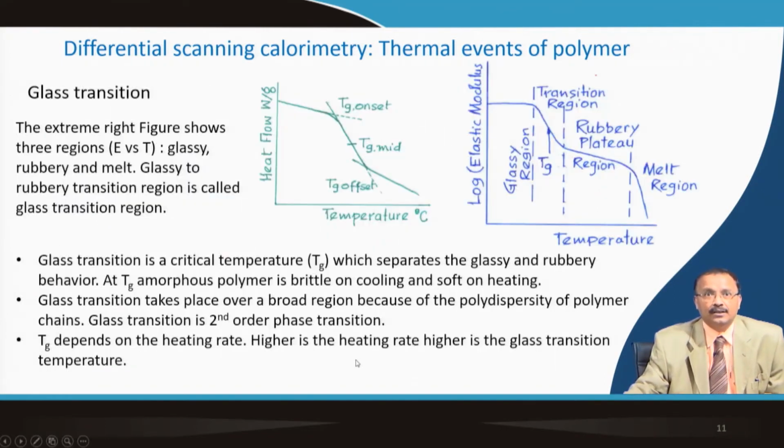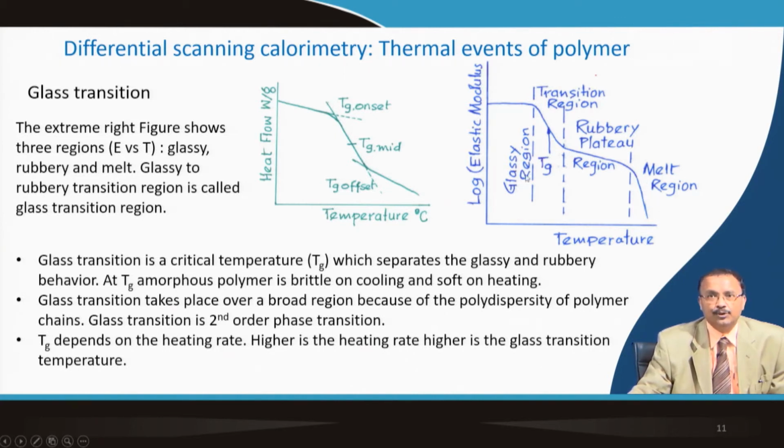The figure here shows the glass transition if you consider the elastic modulus versus temperature plot of a polymer. Initially this is a glassy region where elastic modulus remains constant, and then there is a glass to rubbery region. This is called the glass transition region. It has a plateau also, followed by the melting transition.